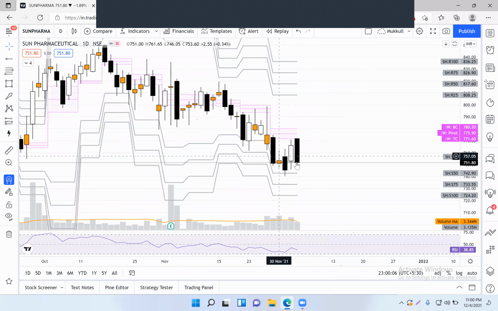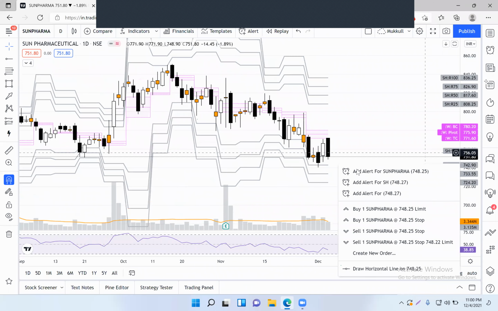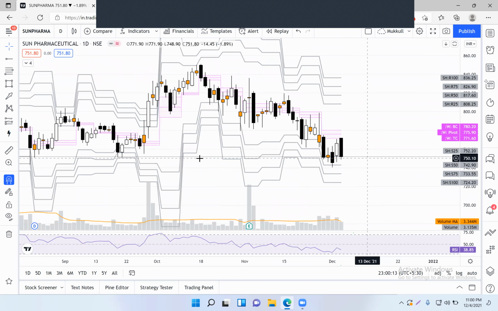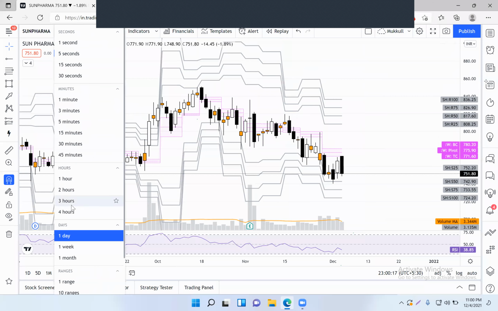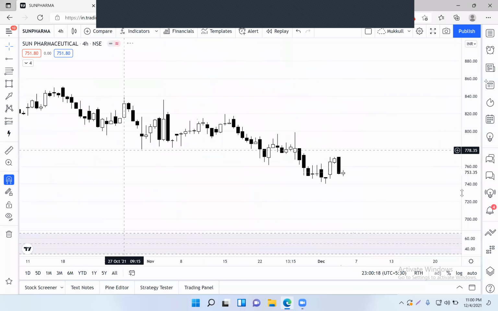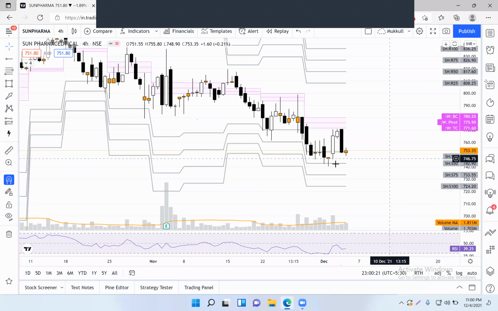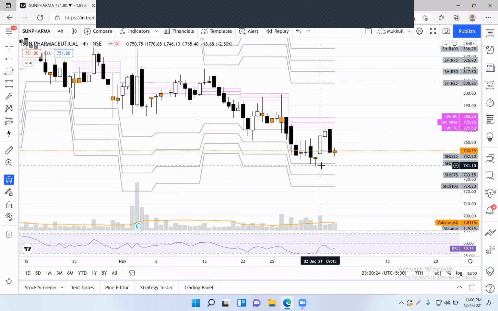Look, if from here there is a hammer or something, because now see one thing here also, why I do not use daily, even on this particular thing, I prefer 4 hours. That also has a reason, because you get to see specific reversals here. Okay, see, this is a strong reversal.